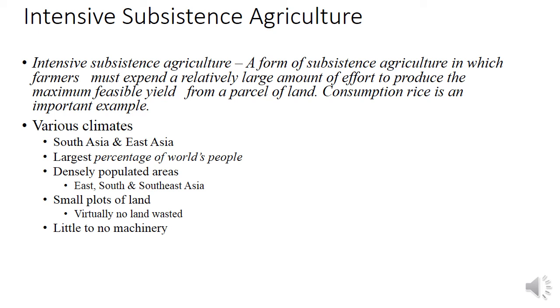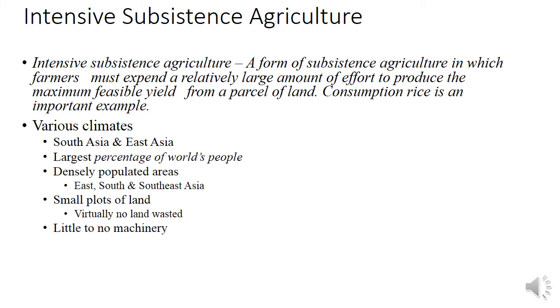Again, outside of climate, one of the conditions that's going to be common where this is practiced is densely populated areas, like Boserup was talking about. As populations grow in an area, it will not be possible to use extensive forms of agriculture because the land won't be available.